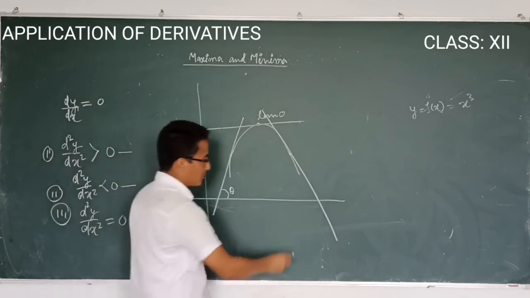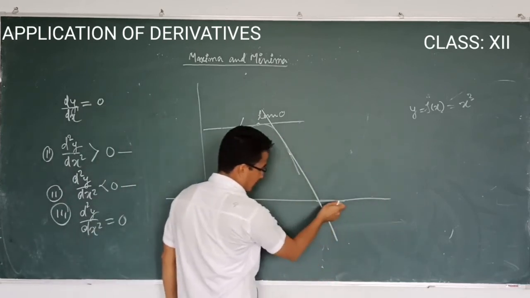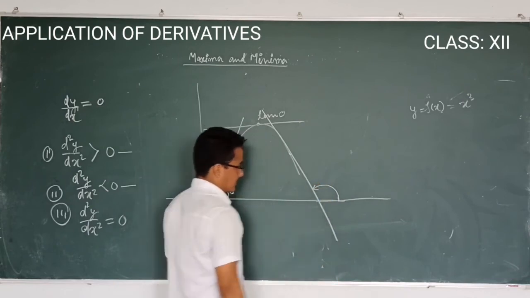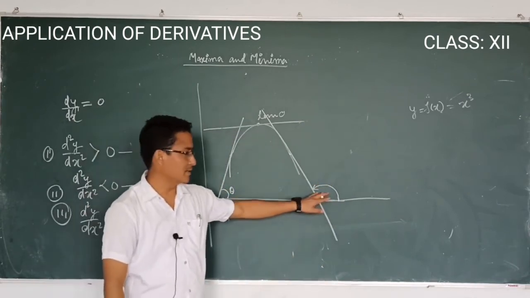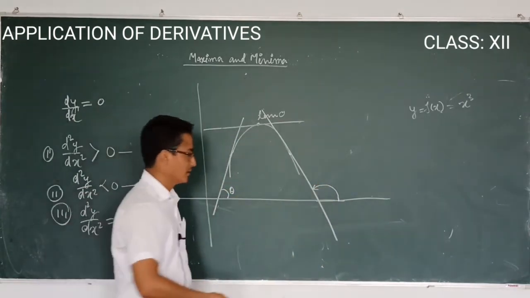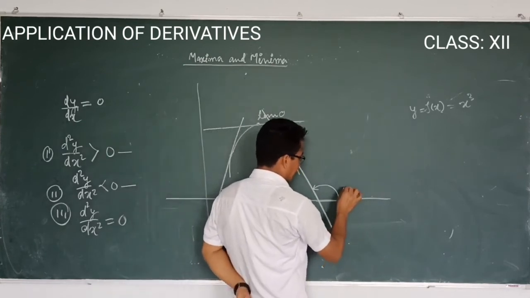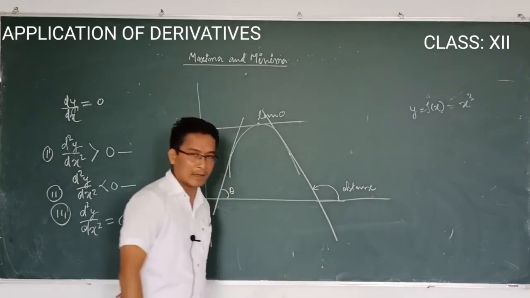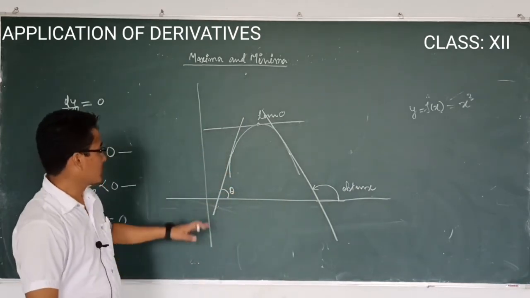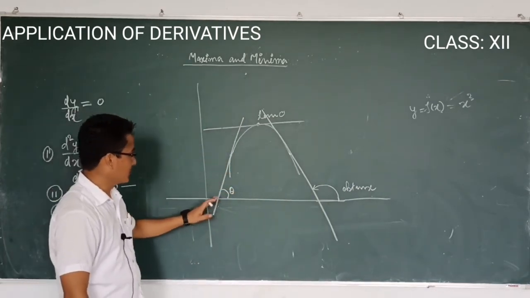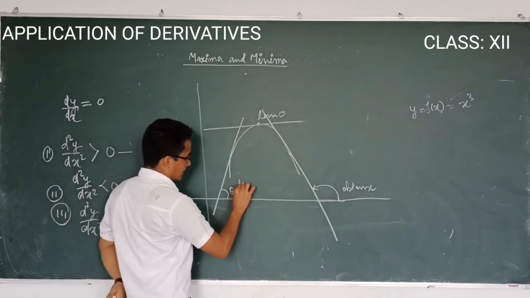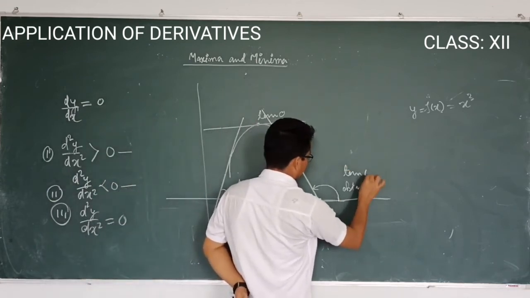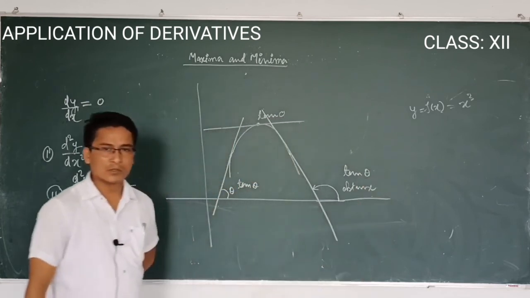Now if we draw a tangent over here, the angle is an obtuse angle. Obtuse means greater than 90 degrees. Clear?